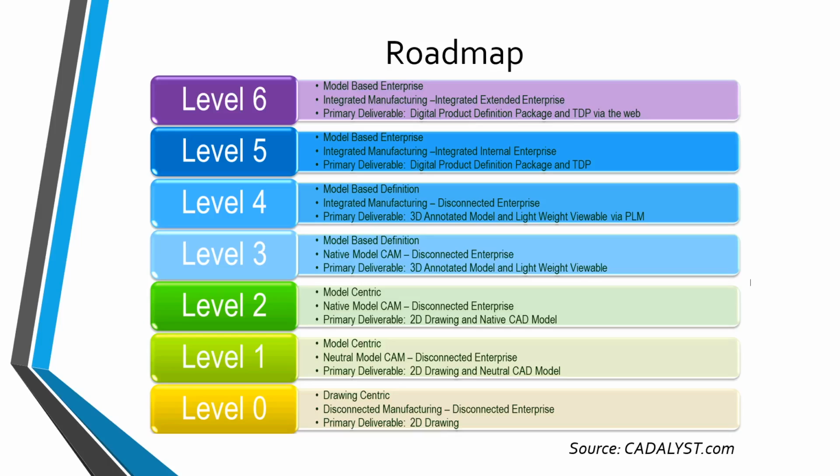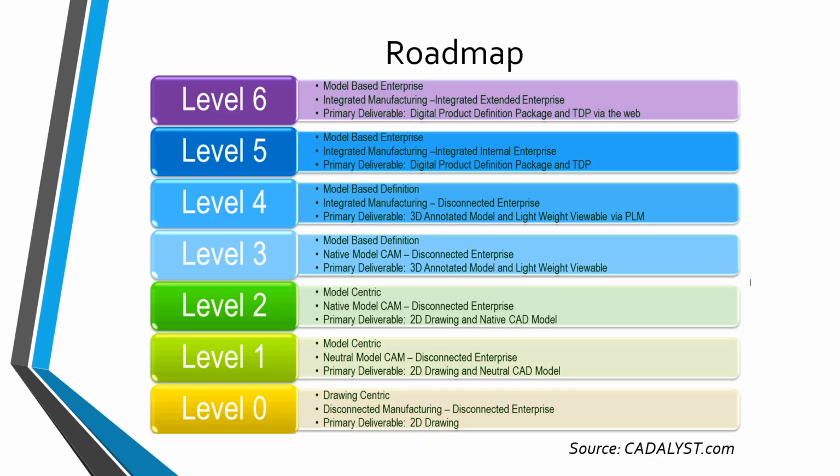So there is something called the model-based enterprise, and there are different steps towards getting to the top, level 6, where you are a fully model-based enterprise. If you're taking your first step, you're starting out at level 0, you're probably still using drawings and you're drawing-centric. So level 0 and level 1 are really driven by drawings.